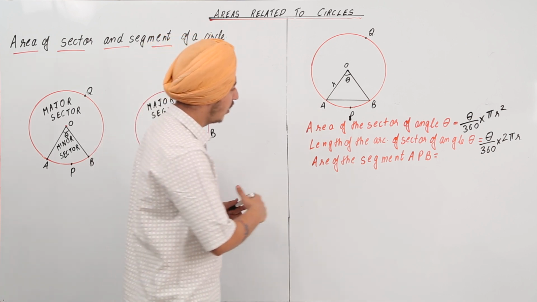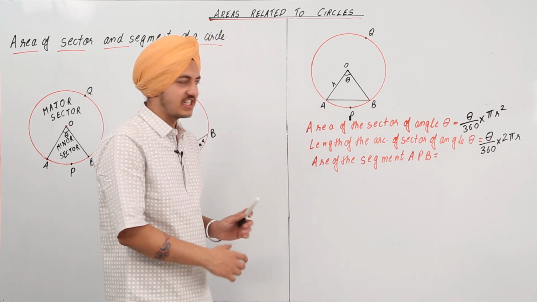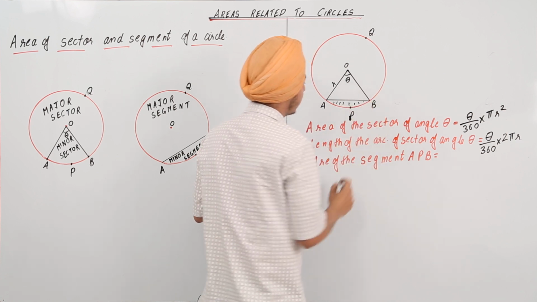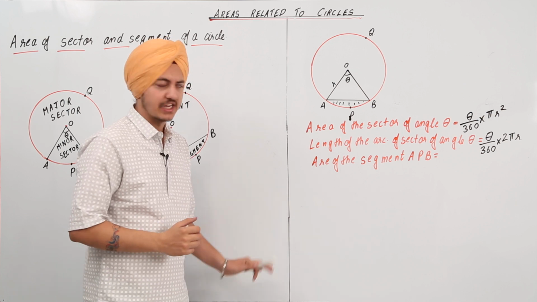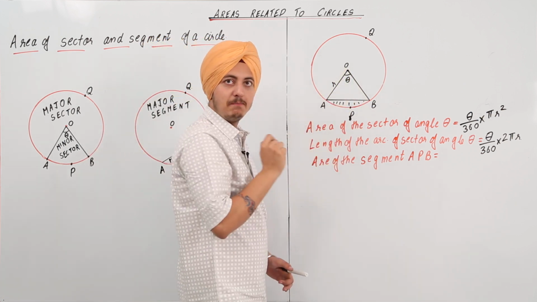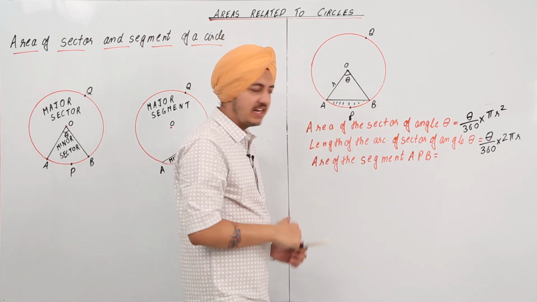Now the area of the segment APB. This shaded portion is the segment, right? Now what is the area of this segment? If you look over here, the area of the segment is equal to the area of the sector minus the area of the triangle AOB. Am I right?